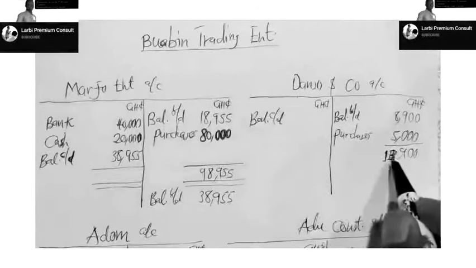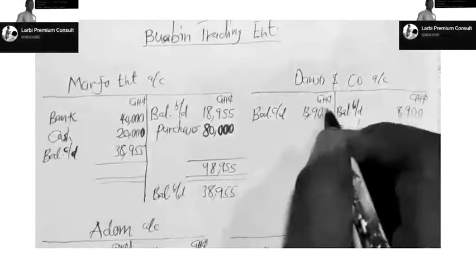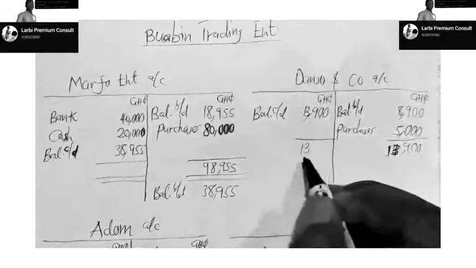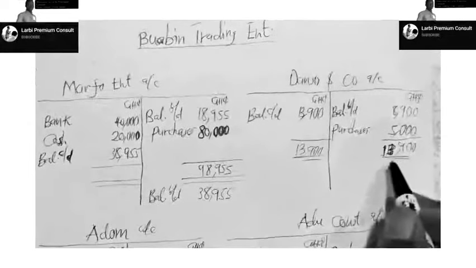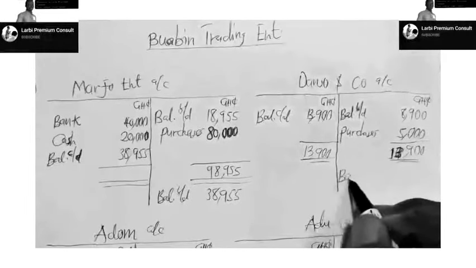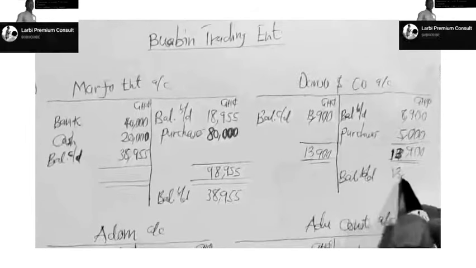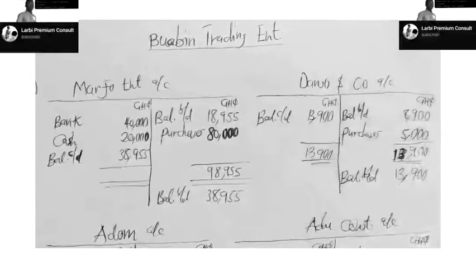So 13,900. So I compute 13,900. Then after that, I have the balance brought down as 13,900. So that will be the balance that exists in Danso's account.